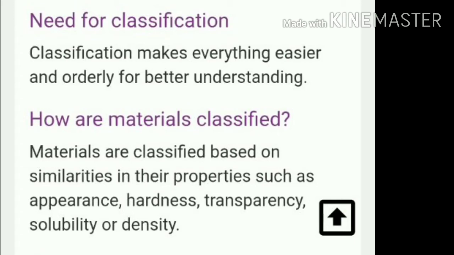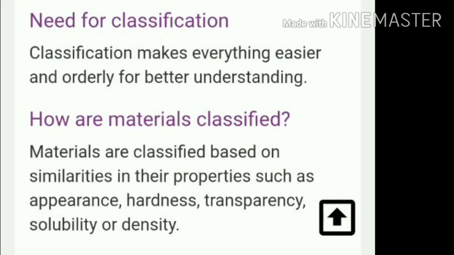In this way all the books are separated, so it will be easy whenever you want to take a book. If I told you to bring the science book from the library, you will just go in the library and go towards the shelf which contains the science books. Okay, so this is the better or ordered way for better understanding.